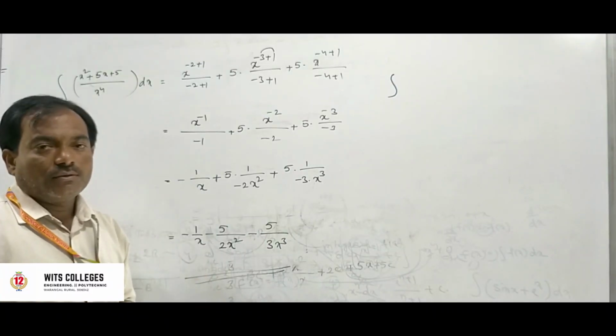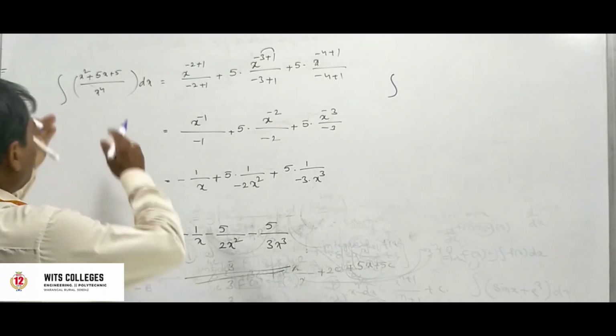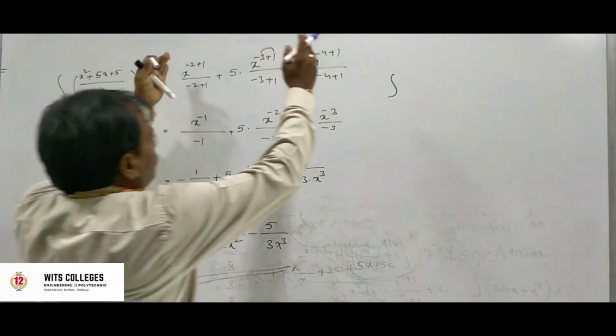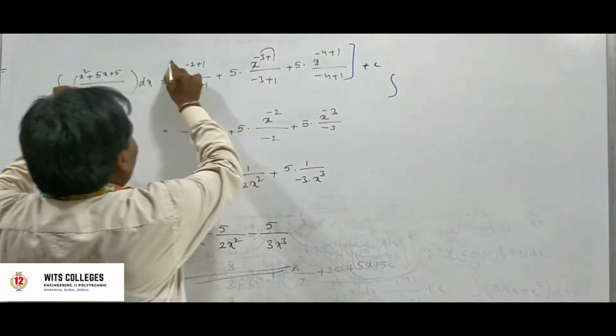But we observe we are missing one term. What is that term? If integral of this one equals this one plus c. Clear?